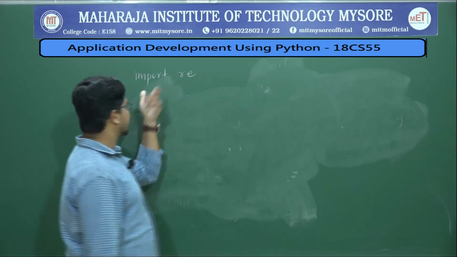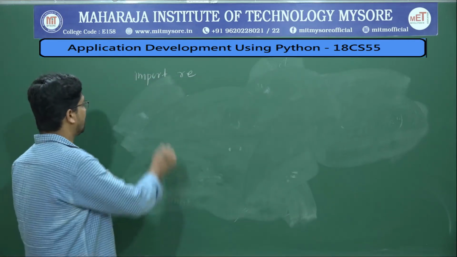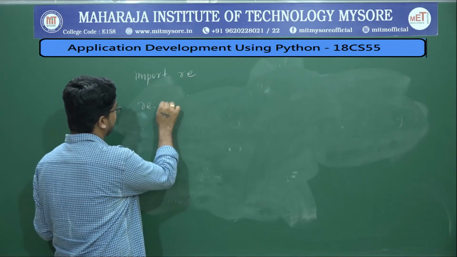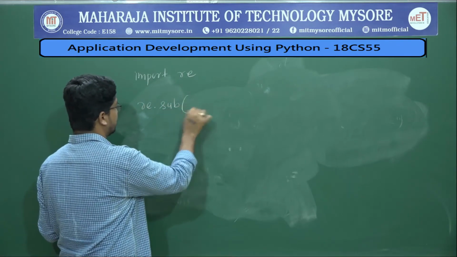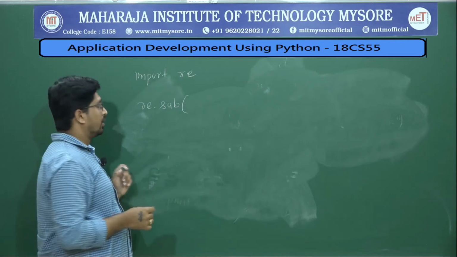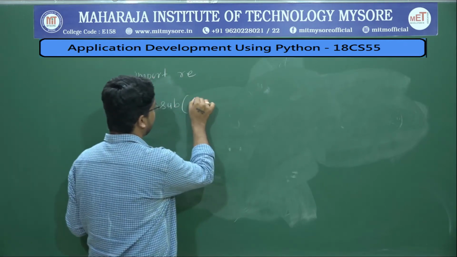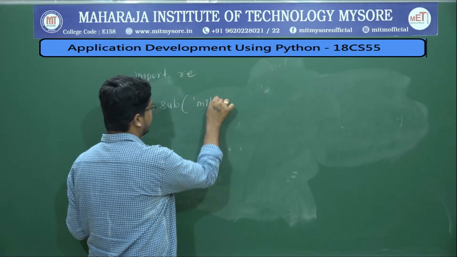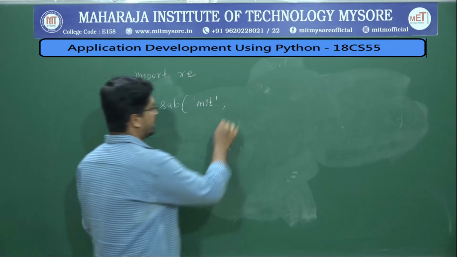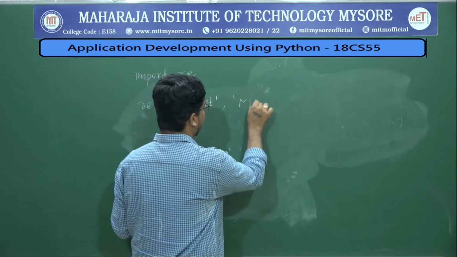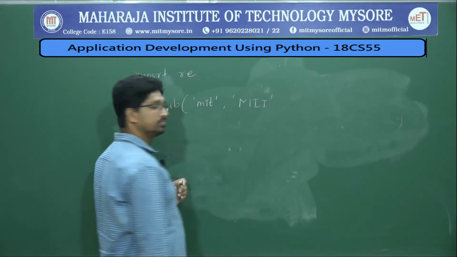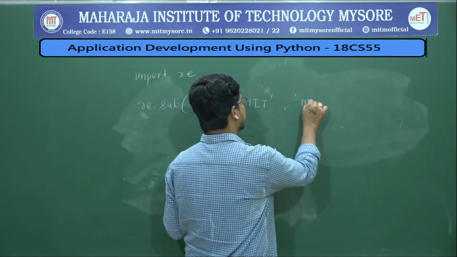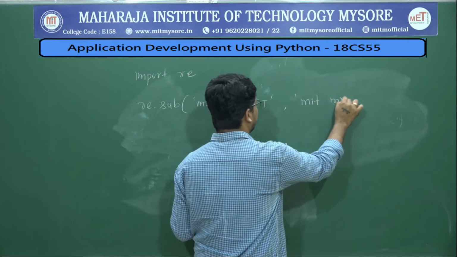For that, let us import re and let us write re.sub. I want to search for the pattern MIT in lowercase, and I want to substitute it with capital MIT, and the input string is MIT Mysore.